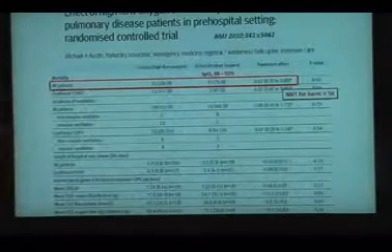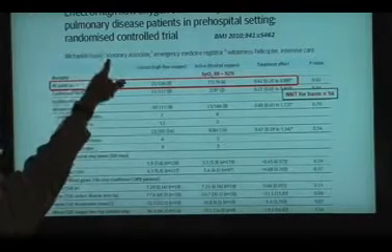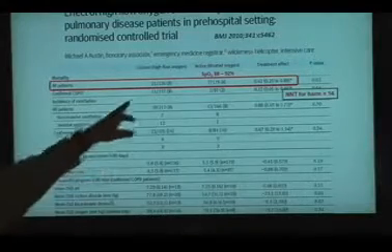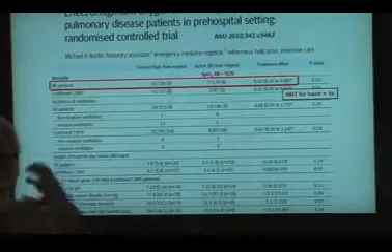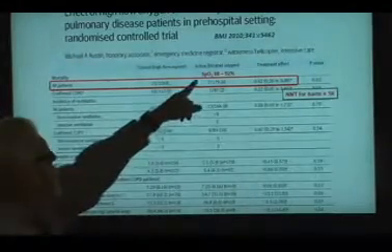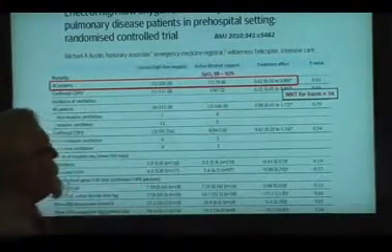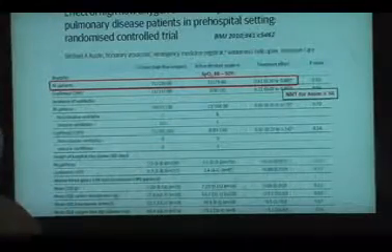The study was probably done 10 years ago. So in this study, which was in a pre-hospital setting, in patients with COPD, the patients were randomized to whatever oxygen they get. It's usually face mask oxygen, 5 to 10 liters per minute. Or oxygen titrated to pulse oximetry with a saturation of 88 to 92%. So again, in parentheses, we're looking at mortality.